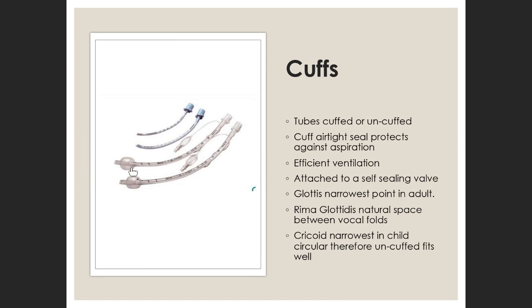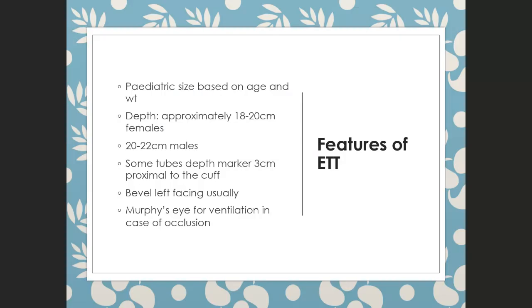So when we attach to it an ambu bag, for example, a self-inflating bag or an anesthetic circuit, and we squeeze that bag to squeeze air or gas into the patient, then there is no leak around the tube in the trachea. It goes into the lungs and then back through the system.